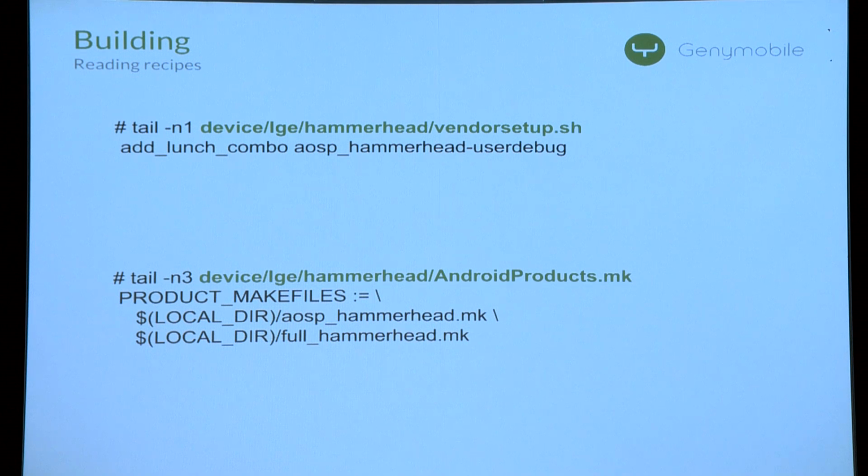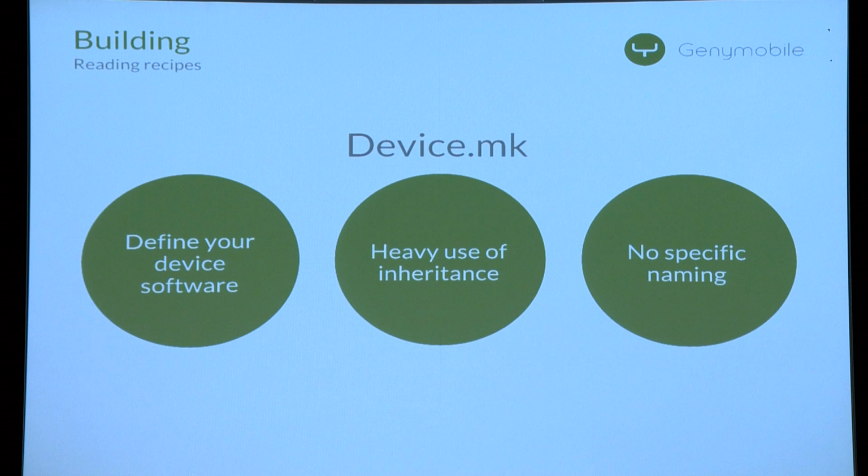It's the internal name, and the content of AndroidProducts.mk. So yeah, AndroidProducts.mk will be including some file, that will be including some file, that will be including some file. At some point, it will be including a file that's usually called device.mk. The goal of this file is to describe the software that you will have in your ROM.